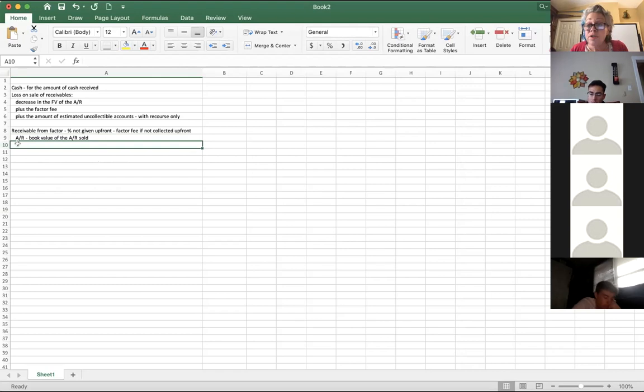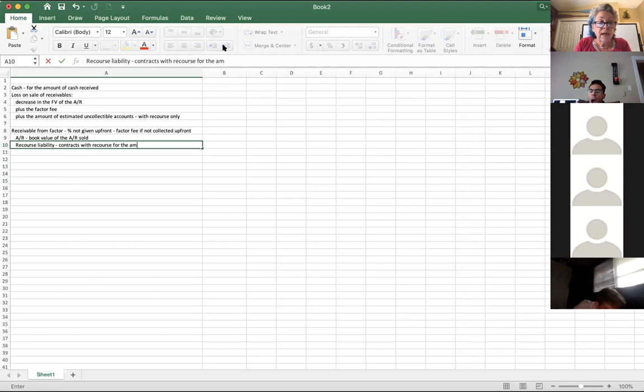Now we can also have another credit, and that credit would be a liability called recourse liability. Recourse liability would be for contracts with recourse for the amount estimated that will not be collected.